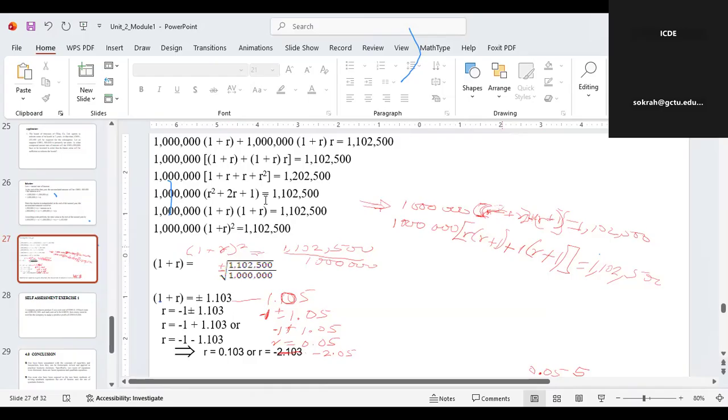Now, somebody will say, I said r plus 1, but you are seeing 1 plus r here. Please, they are the same thing. It doesn't change anything. Since it is not subtraction, you can write it anyway.